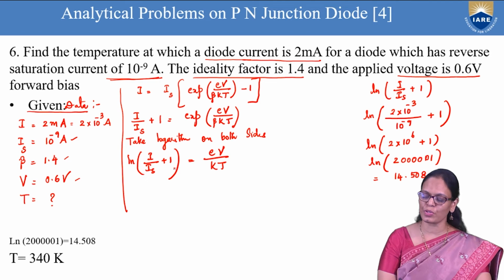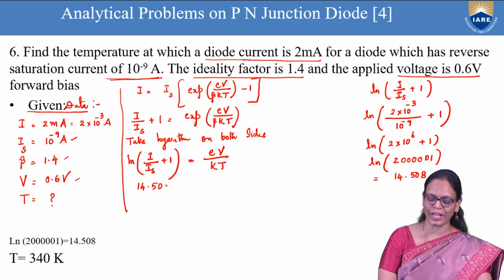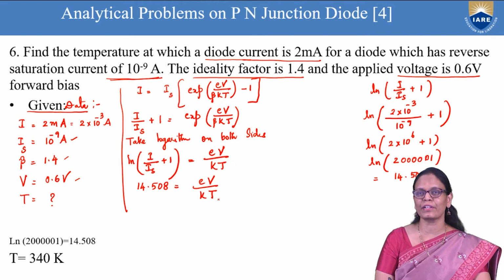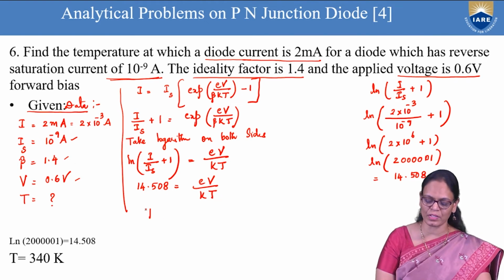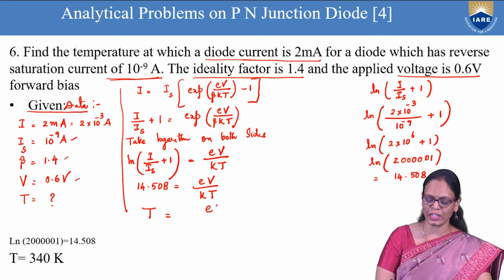So let us substitute the value of ln I by IS plus 1 here. 14.508 is equal to EV by KT. So we have to find the value of T. So I take T onto this side. So we have EV by K into 14.508.